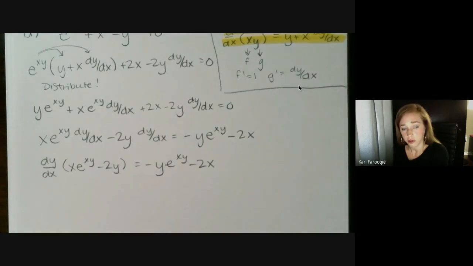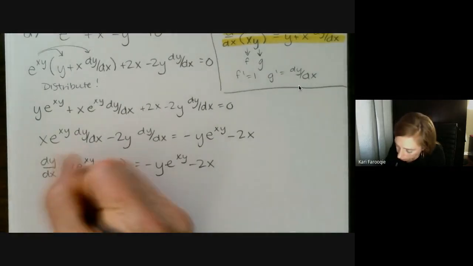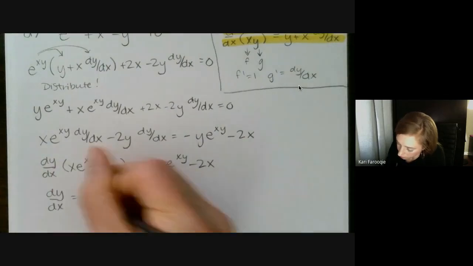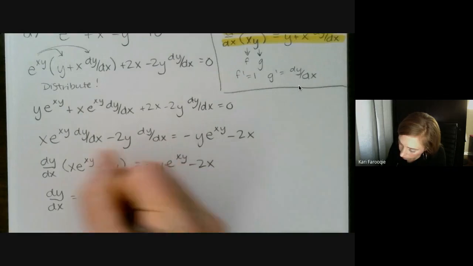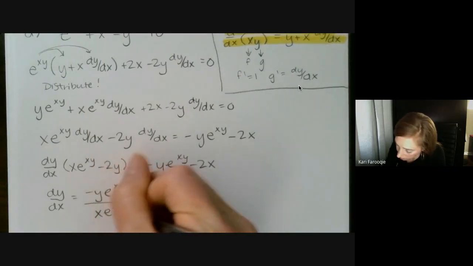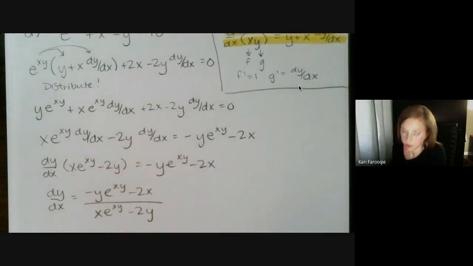And now to finish this one, divide both sides of your equation by x e to the xy minus 2y to solve for dy dx. So you'll have negative y e to the xy minus 2x divided by x e to the xy minus 2y.